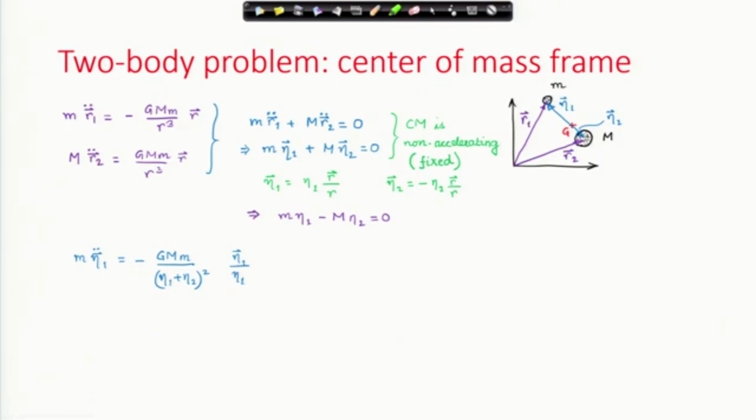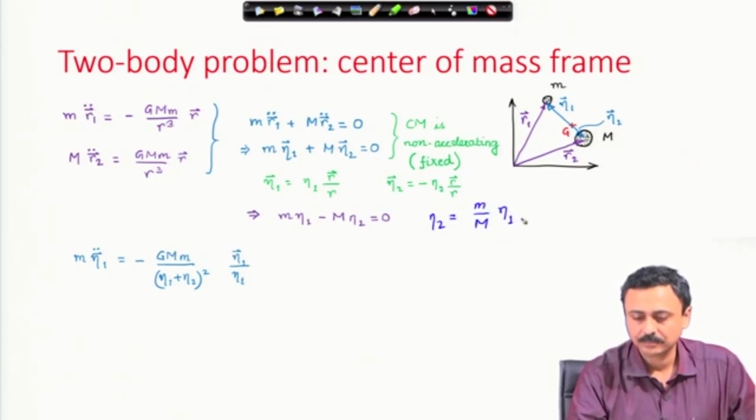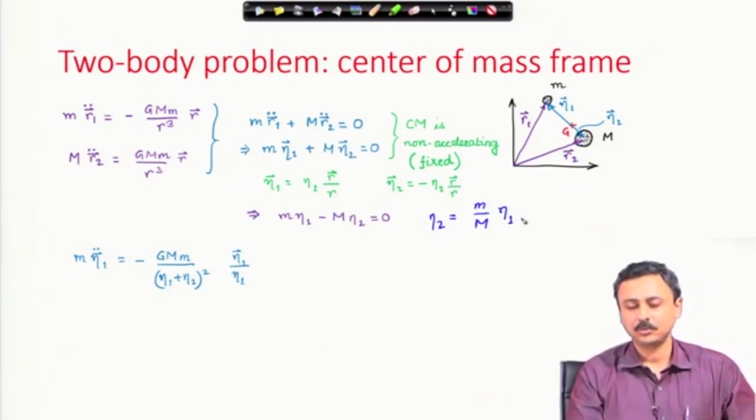And now, I use these things in my equation of motion. One step here, eta 2 can be written as small m by capital M times eta 1. These are magnitudes, eta 1 and eta 2 here are magnitudes of those vectors.